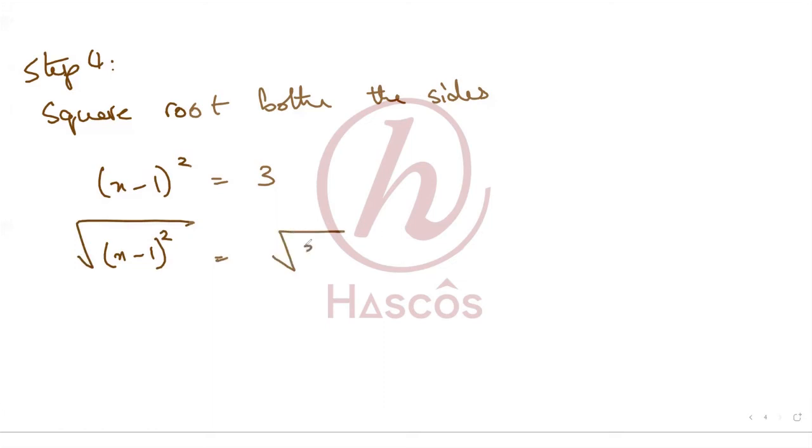And when we apply square root on the other side, whenever we're writing the square root by ourselves and it's not being cancelled out, we have to assume that there is a plus and a minus before it. So that's exactly what we're going to do over here. So we have x minus 1 equals plus minus under root of 3, and this has been resolved for step number 4.